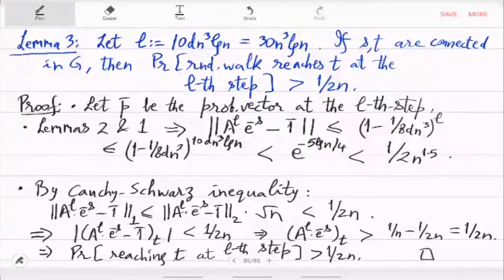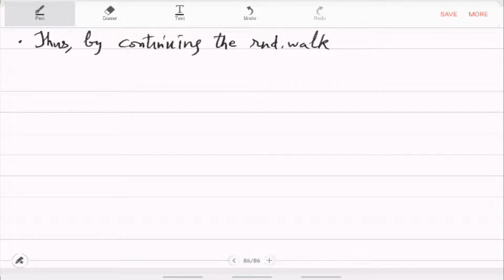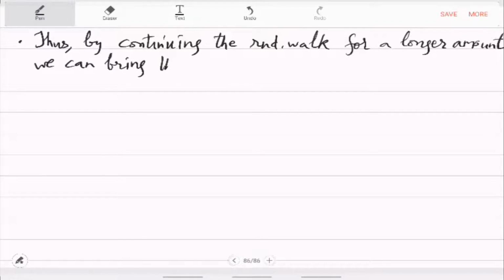In the connected component of S, you are everywhere with equal probability, which means that if T was there, you are also at T. So this also means that by continuing this random walk for a longer amount, we can bring the probability above, let's say, 3/4 or 2/3.